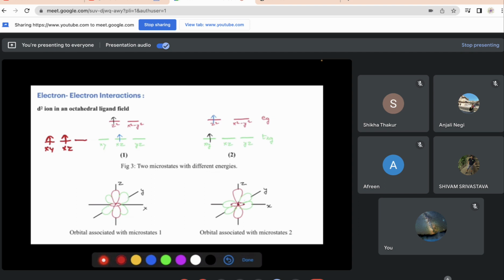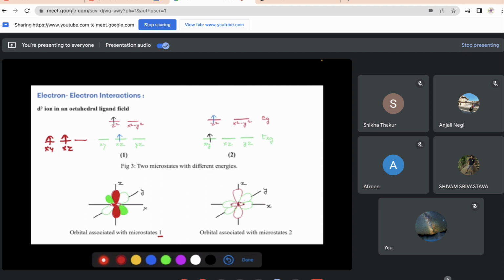For example, if I choose microstate 1, the electron density will be such that, this is dz square, and for green, for T2G, it is in the XZ plane. So XZ is this plane, so this orbital will be filled. This is how my electron density looks for microstate 1.